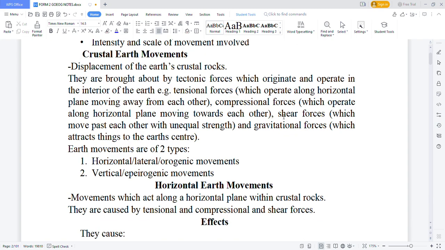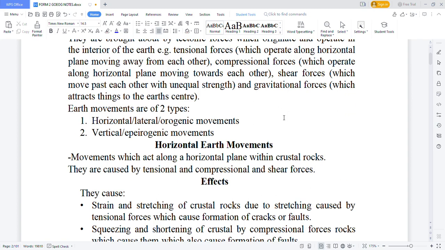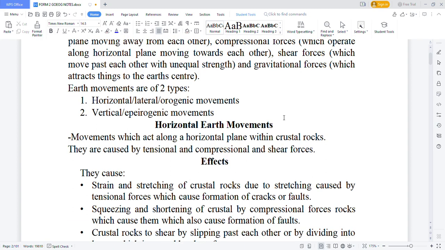Earth movements are of two types. We have horizontal, also called lateral, also called orogenic movements. Another one is vertical, also called epirogenic movements. Let's start with the horizontal earth movements.